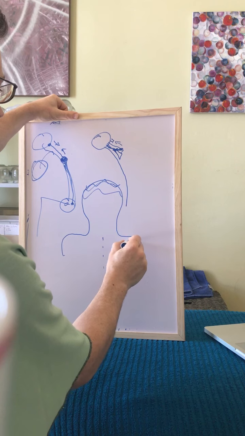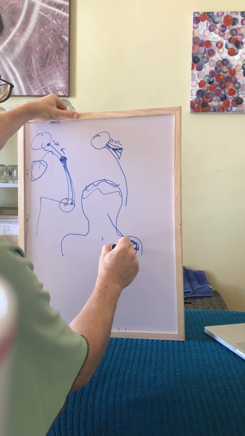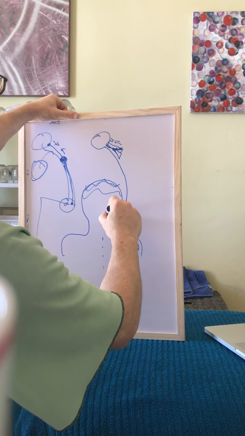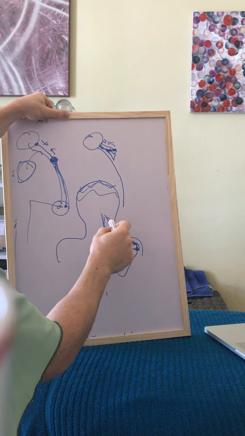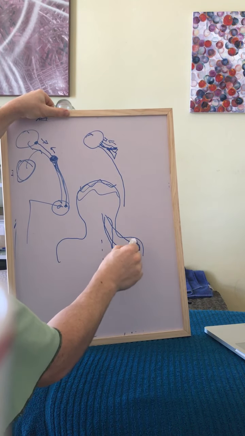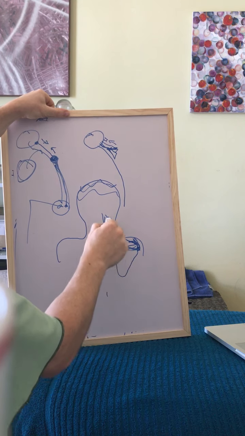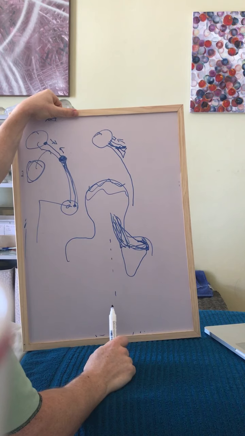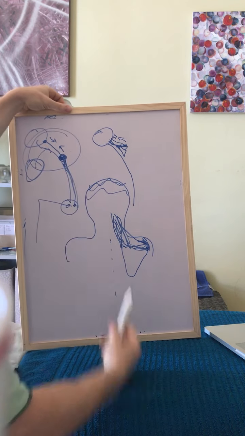Anyway, we've got muscles attaching along here, and they're going up the base of your skull, and then you've got this other one that's coming up here, and they're attaching on the side of your neck. And so these are the main ones that are pulling here. So you've got your upper trap attaching along here, and you've got your levator scap going up here to the side of the neck, and they're probably the ones that bear the most of the brunt of this.